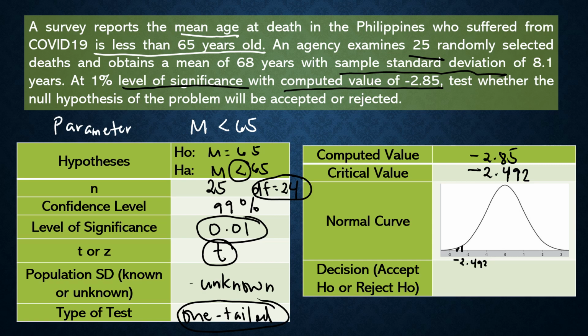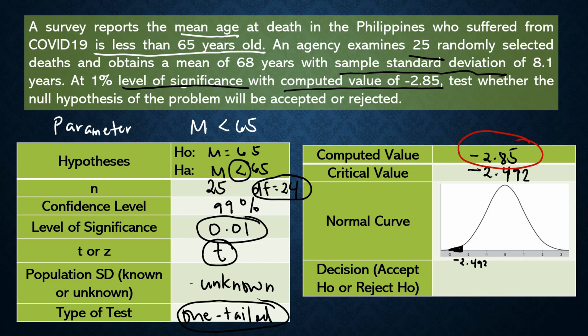And then let's now shade this part. After that, we're going to decide if the given null hypothesis is accepted or rejected. Now, taking a look at our computed value, it is negative 2.85. As you can see, this is negative 2.492.